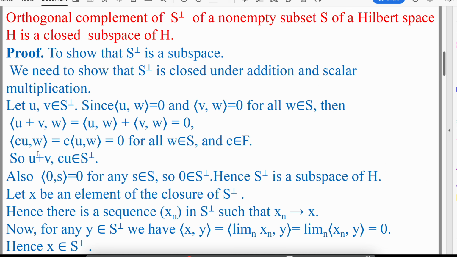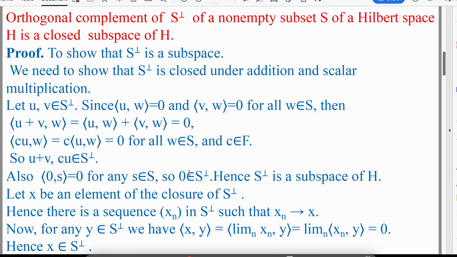It means cu belongs to orthogonal complement of S. So we have shown that orthogonal complement of S is closed under addition as well as scalar multiplication. Also, inner product of 0 and s is 0 for any s belonging to S. It means 0 belongs to orthogonal complement of S. It means orthogonal complement of S is a subspace of H.